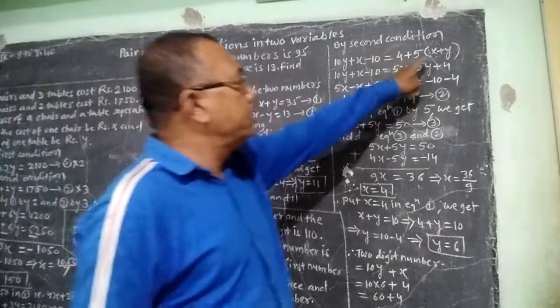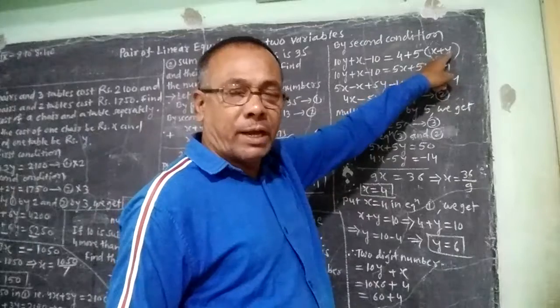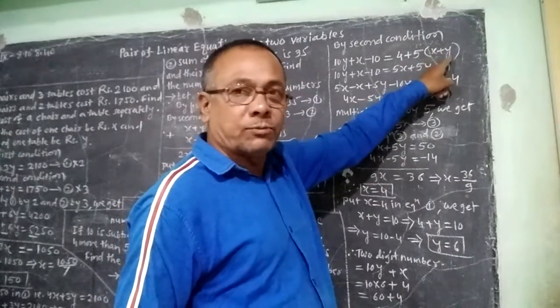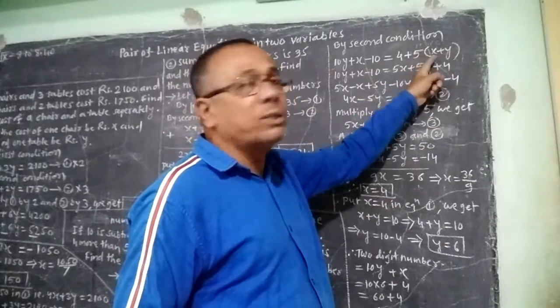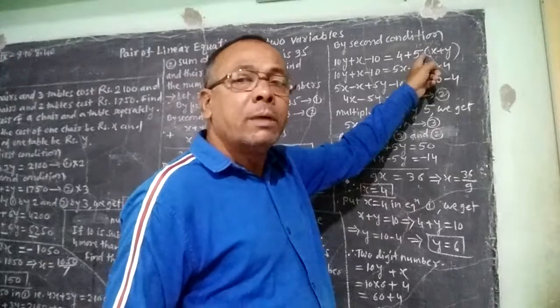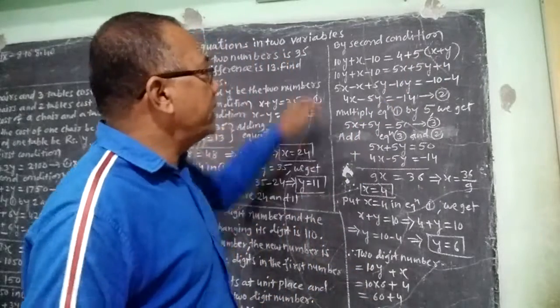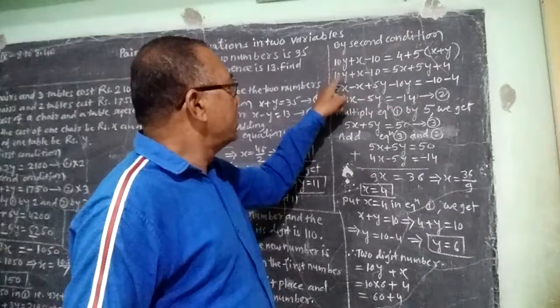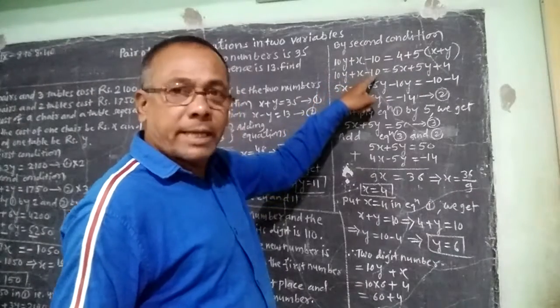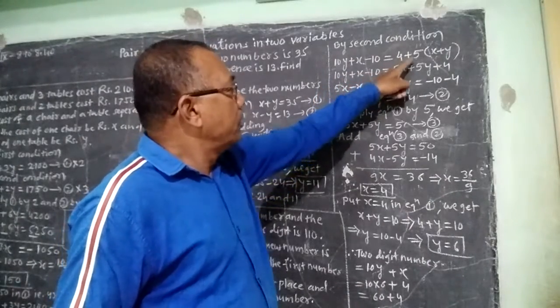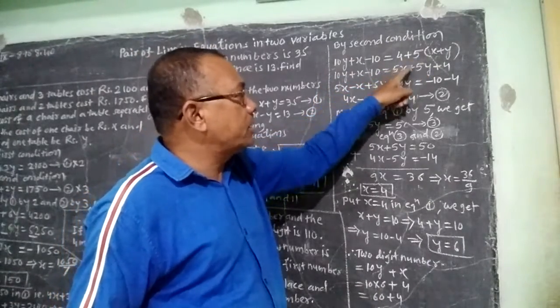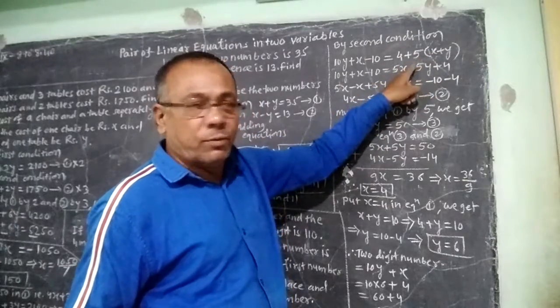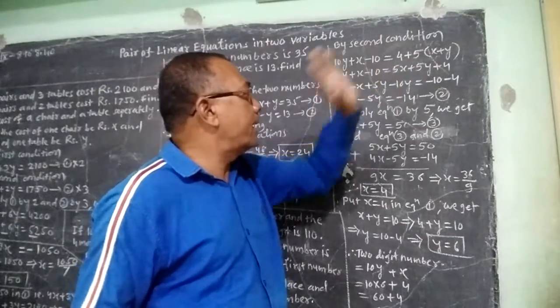Here the two digits are x and y. Sum of the digits means x plus y, and 5 times means we have to multiply the bracket by 5. After multiplying the bracket by 5, we get 10y plus x minus 10 is equal to 5 into x, that is 5x, plus 5 into y, 5y, plus 4 as it is.